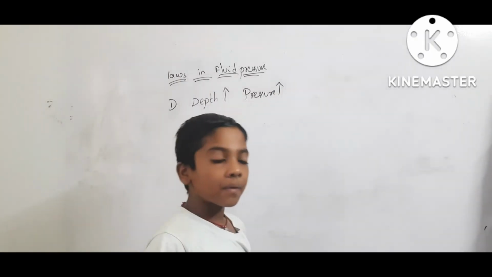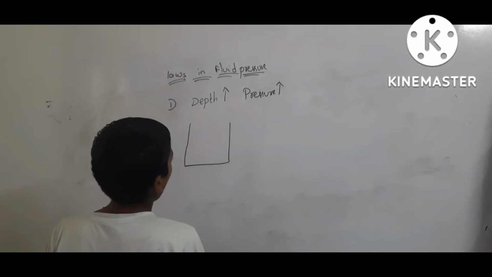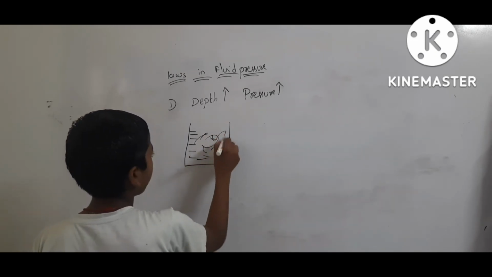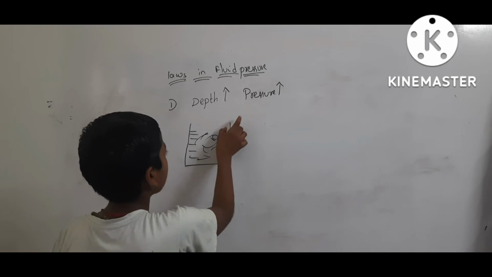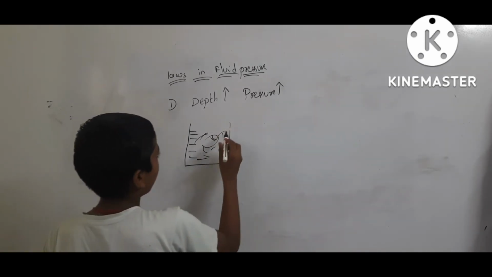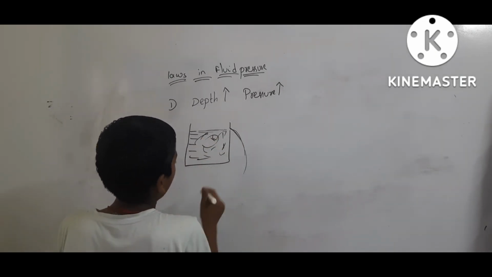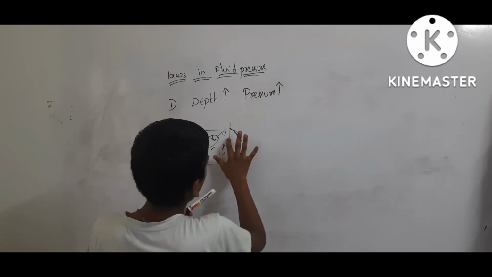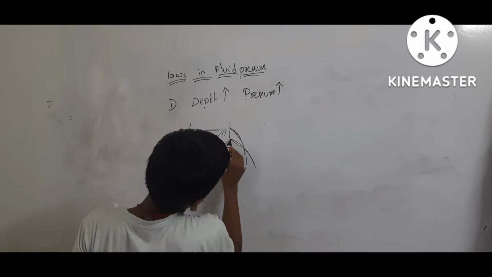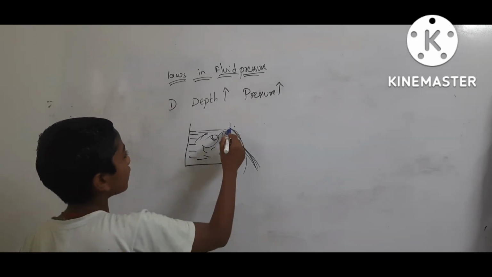For example, you take a container full of water and keep holes at different depths. First keep a hole here, and the water will spill at less pressure, and keep another hole at some depth. That will flow with more pressure than this one. It means here the depth increases.